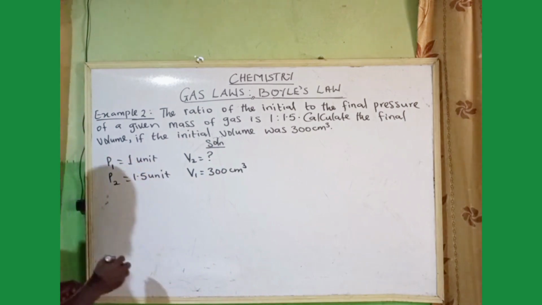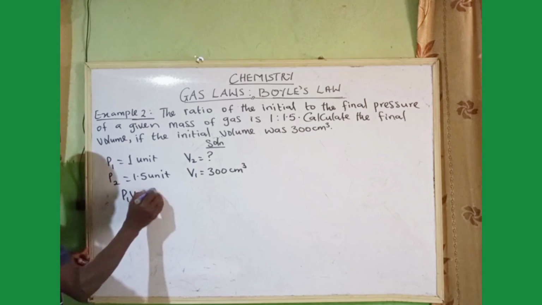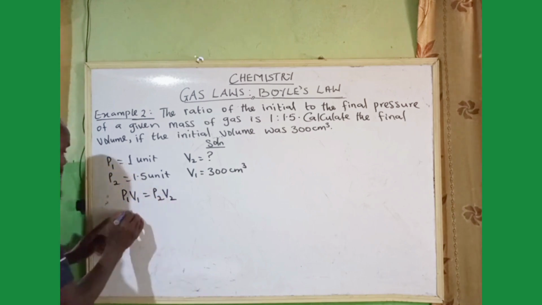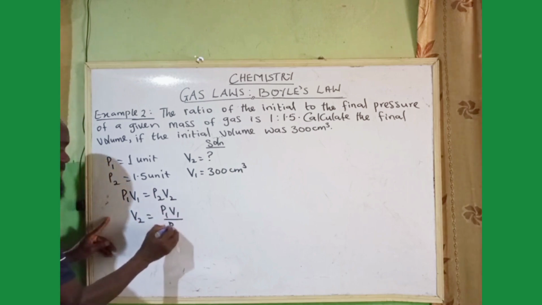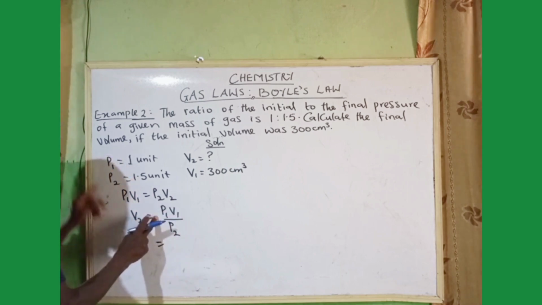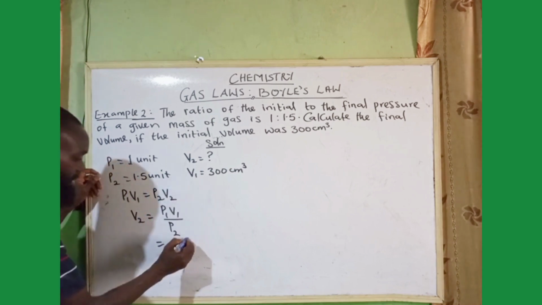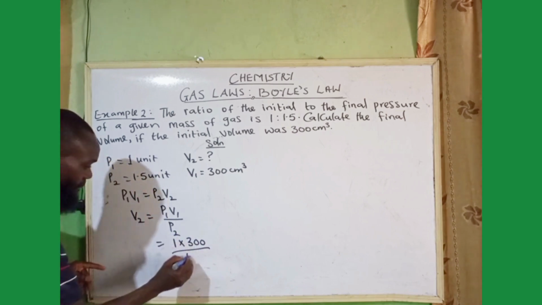From our formula that says P1 V1 equals P2 V2, we want to calculate our V2. V2 will equal P1 V1 divided by P2. Our P1 is 1 unit multiplied by our V1, 300, divided by our P2, 1.5.